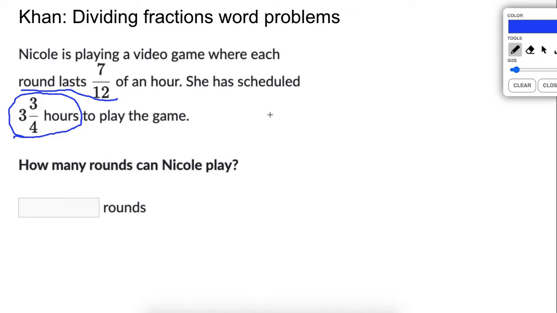So our original division problem would be 3 3/4 of an hour divided by 7/12 of an hour. So there's our original division problem. Then we're going to write that using fractions because we have a mixed number here and we want to get rid of that.